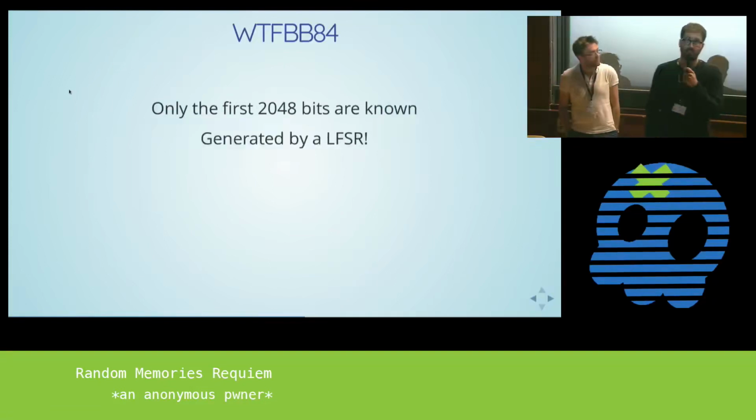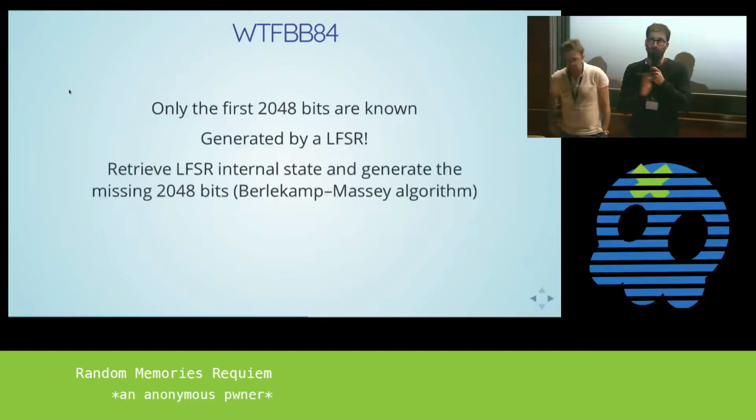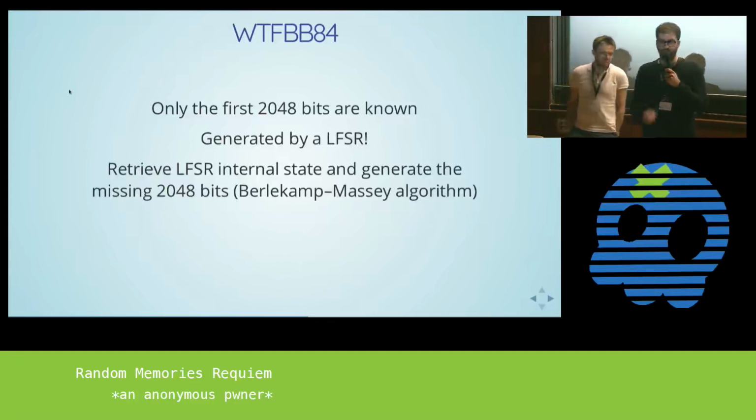So for this, we look at the implementation, and we see that they are generated with an LFSR. And an LFSR has a good property: if you know enough bits of the output, you can compute the whole internal state of the LFSR, and so you can generate a long output.